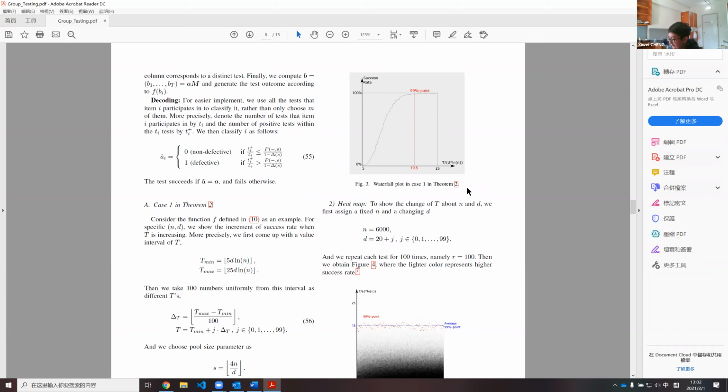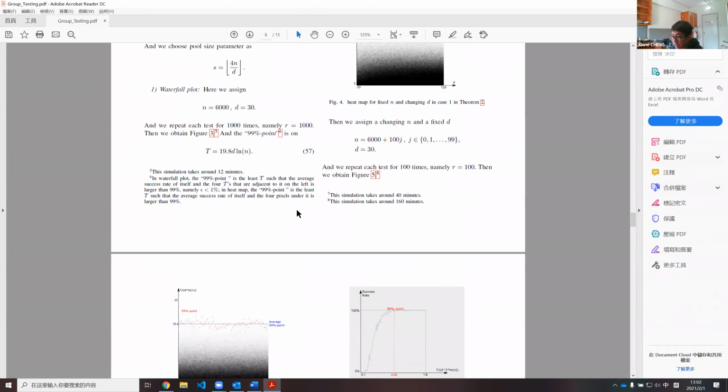And we also obtain that the 99% point is around 19.8 d log n. Here, the 99% point is our estimation of the smallest t that satisfies the correct probability is larger than 99%, or to say that epsilon is smaller than 1%.